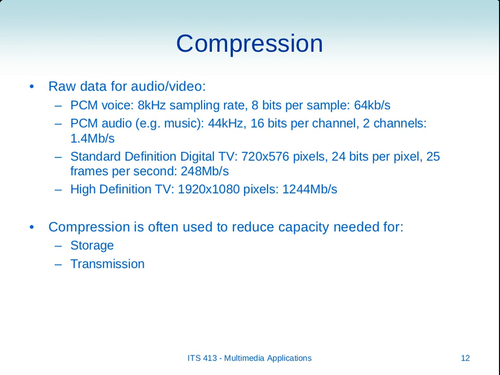70 times 60 times 1.4 equals 5,880 megabits, divided by 8. That is about 700, or 735 megabytes.